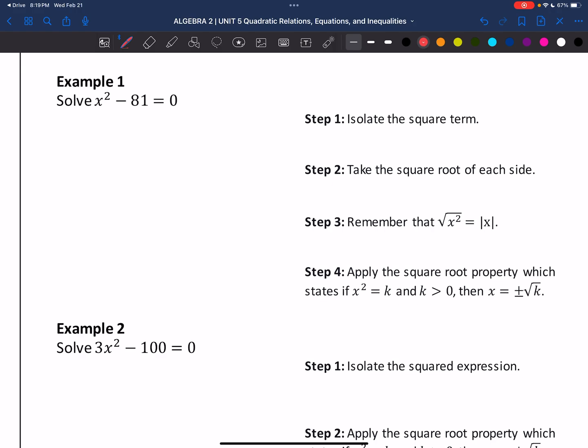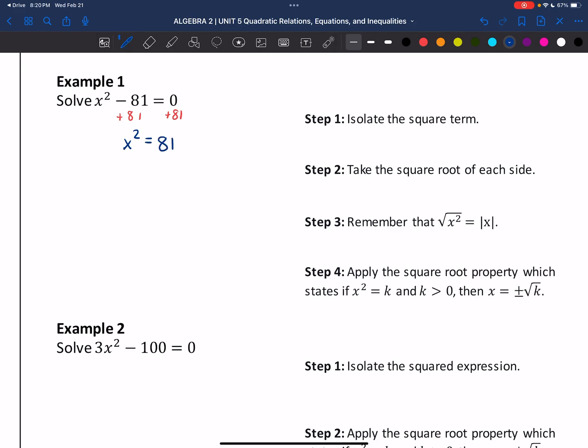How do we do that? We need to do the opposite operation here because our squared term has 81 being subtracted. I need to add it on each side, and that will give us x squared equals 81.